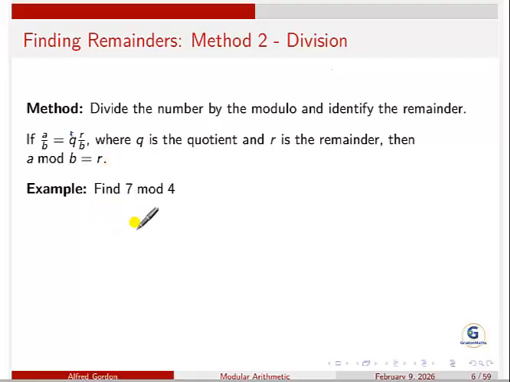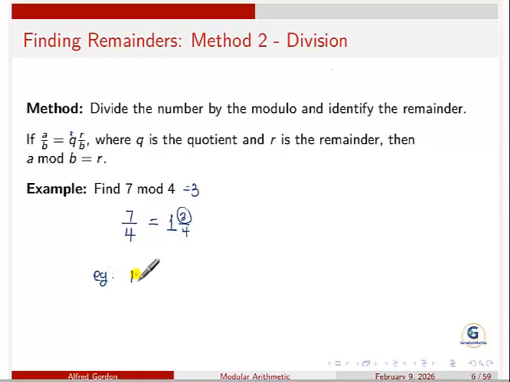So let's try this example. We can see that 7 divided by 4 is going to give us one whole number, 3 on 4, meaning that our remainder here is 3. Let me write another example here for you.